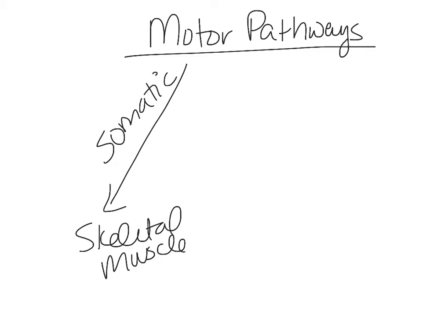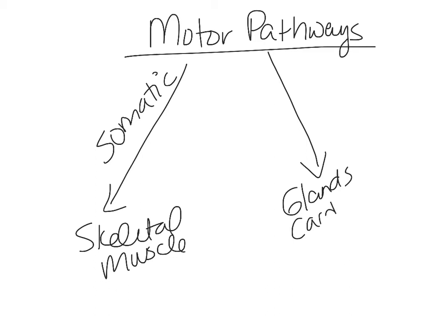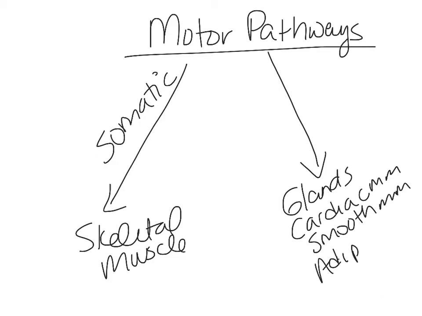Right? If it decides it has to send that message out to anything but skeletal muscle, so for instance glands, cardiac muscle, smooth muscle, adipocytes, if any of those things are the effectors, this we call the autonomic pathway.